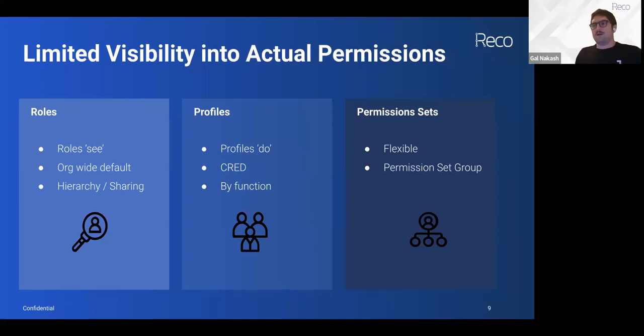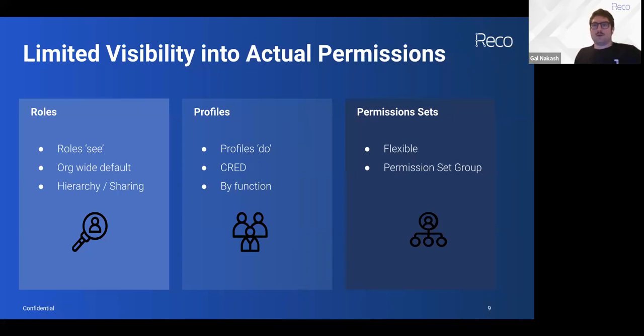Basically, it allows you to extend privilege such as object access, field level security to specific users. This flexibility enables customization without the need for a whole new profile. And it's all about tailoring.